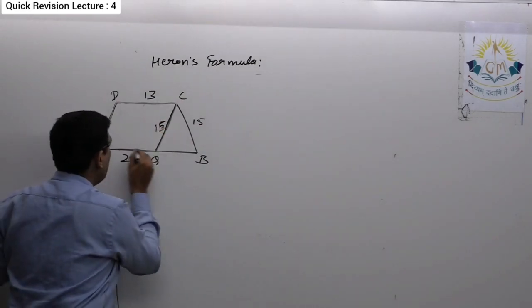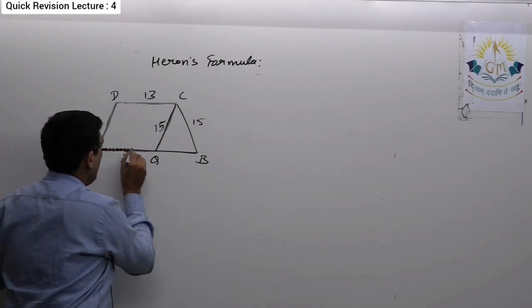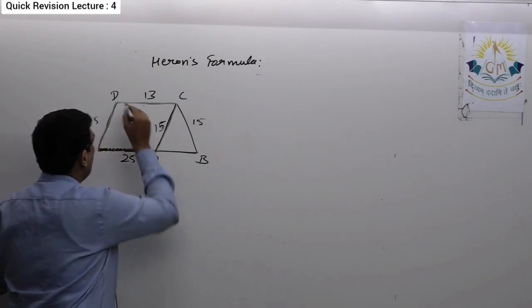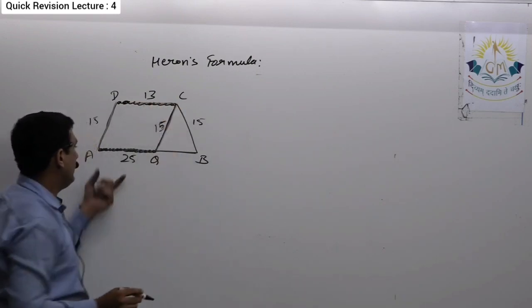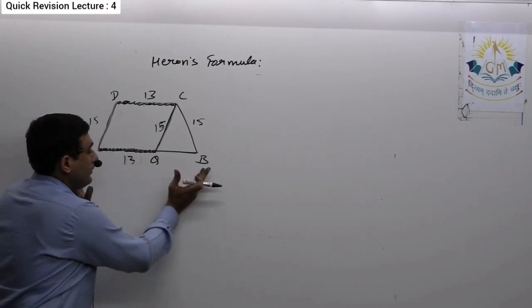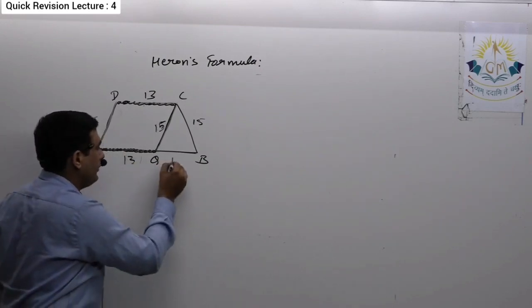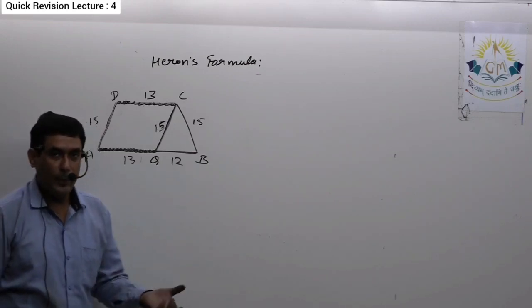Now this complete side is 25. And just now I proved it's a parallelogram. That means this AQ will be equal to this DC, isn't it? That means this AQ will be 13 and the whole length was 25. So obviously the remaining will be 12. Okay, I am repeating once again.